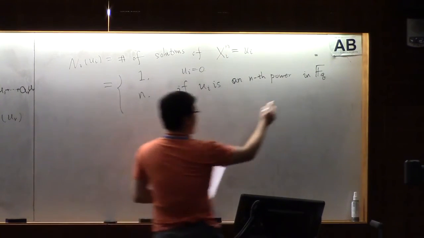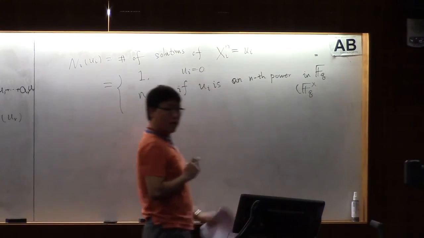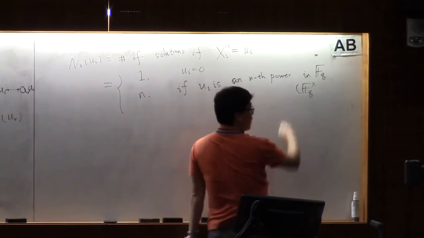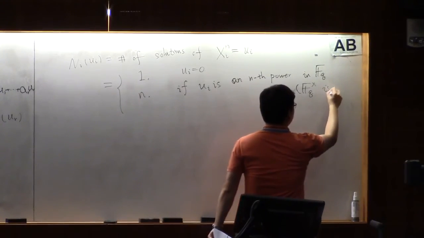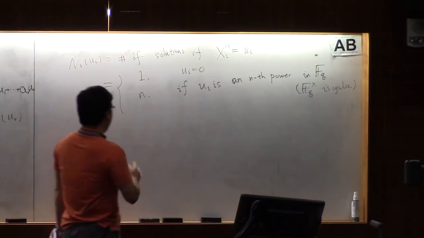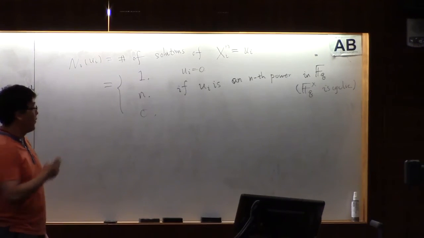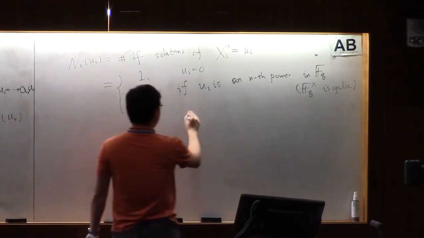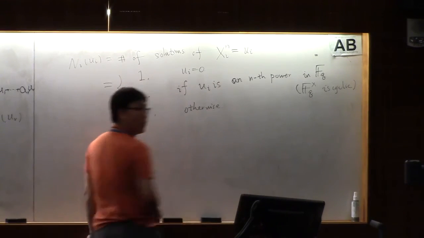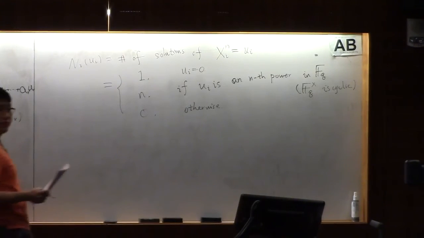This is because of the multiplicative group of the field F_q, this is sigma. And if this u_i is not an nth power in the finite field F_q, then of course we have no solution to this equation.